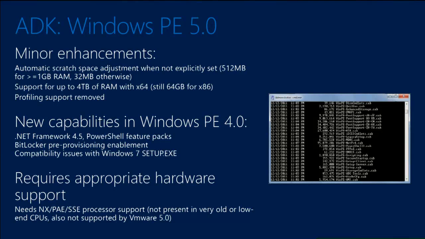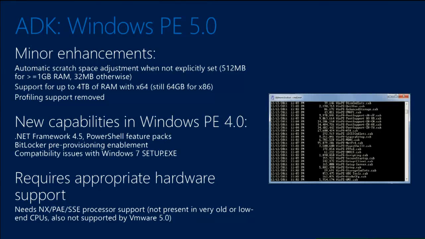So with Windows PE 5.0, profiling is no longer there. Windows PE is not that big anymore. Maybe it was big back when the network speed was 10 megabits, but today we've got 100 megabit and gigabit connections to most machines, so we don't really mind so much that Windows PE has a couple of extra meg of stuff in it, so no more profiling support.